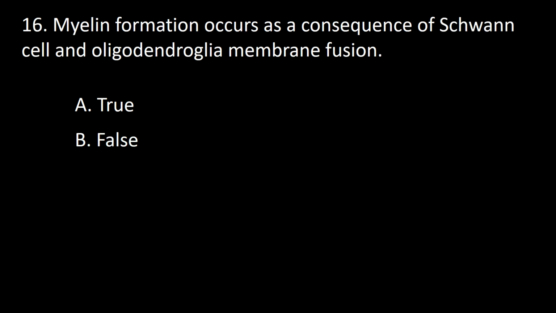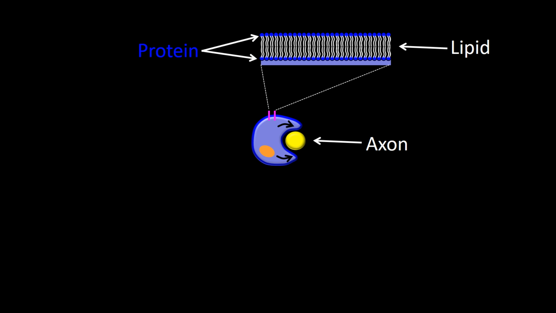Next question. Myelin formation occurs as a consequence of Schwann cell or oligodendroglia membrane fusion. A true, B false. In this frame, we can see a cell, Schwann cell in the peripheral nervous system or oligodendroglia in the central nervous system, engulfing an axon. I have now introduced a segment of the cell membrane.